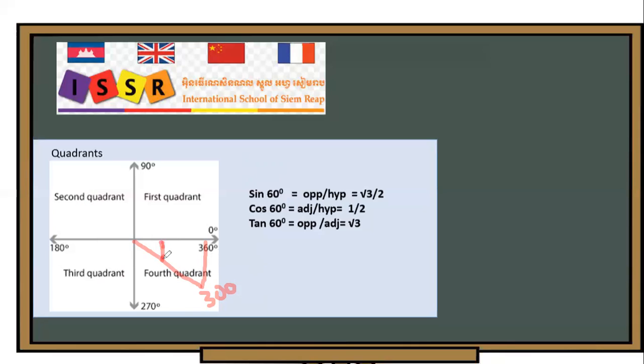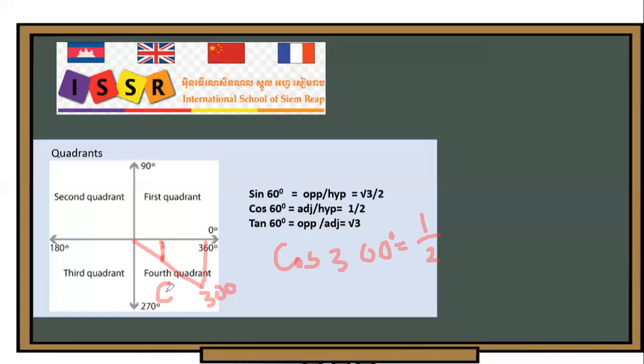So I'm going to look for cos 60 degrees. Cos 60 degrees is 1 over 2. And what it means is that here our cosine is positive. Therefore, cos 300 degrees is equal to 1 over 2. Is that okay? Because we said our cosine in the fourth quadrant is positive.